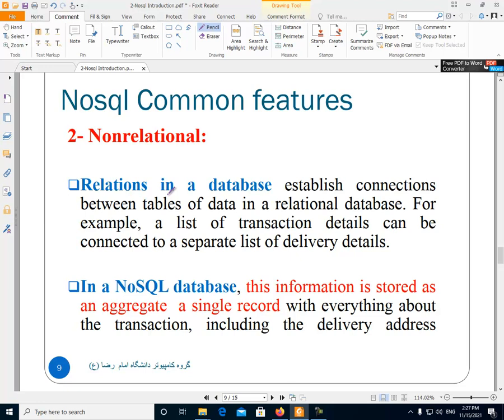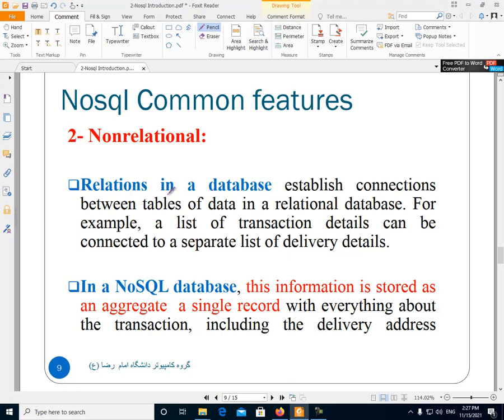For example, when a customer wants to buy something, he buys a product, and there is a table in the relational database where the product information is stored. Then there is a table with the delivery details, meaning where the product should be delivered.